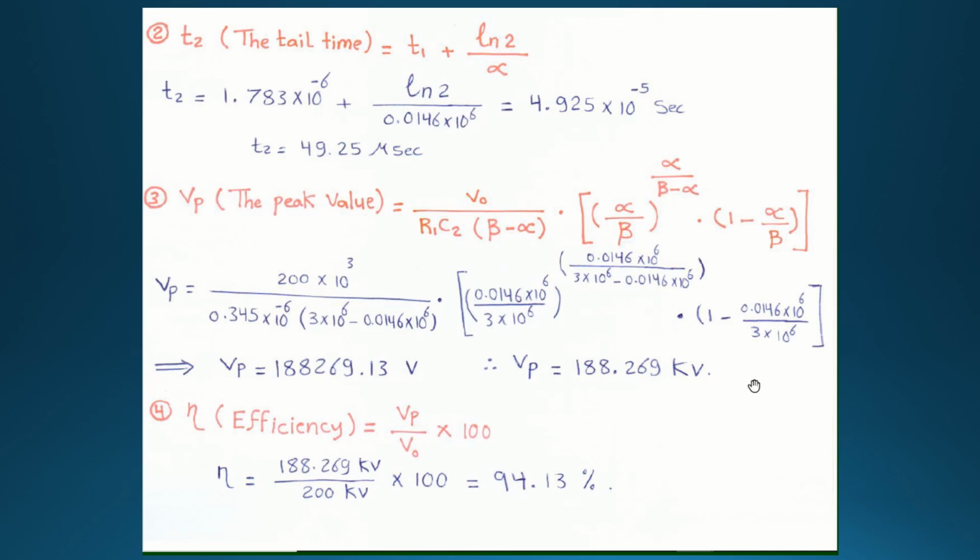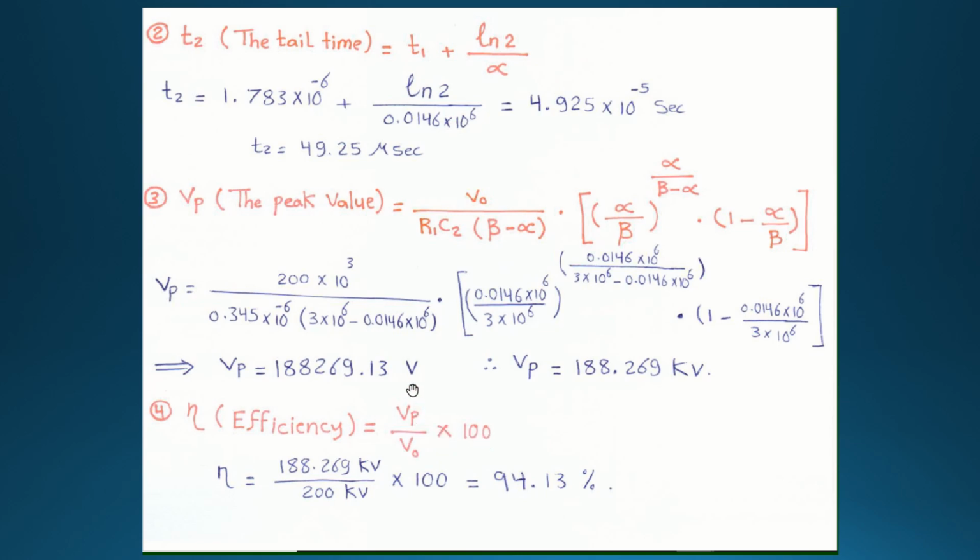Okay guys, so now let's move on to the last required in this question, which is the efficiency. We will give this symbol to the efficiency. So the efficiency is equal to VP divided by V output, into 100.